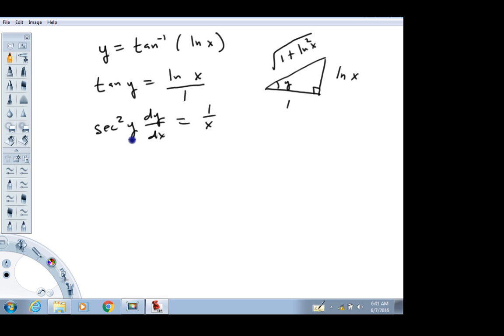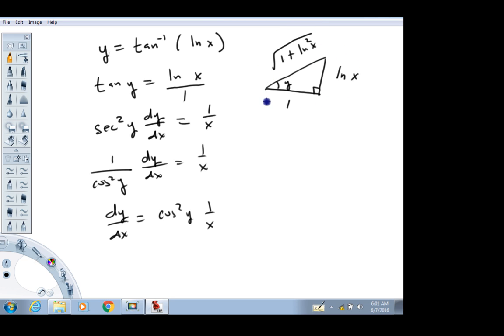Now, secant is 1 over cosine, so I'm going to go ahead and write this 1 over cosine squared y dy dx equals 1 over x. Then to solve for dy dx, we just have to multiply by cosine squared y. And I'm going to look over to my triangle here to get that cosine squared y.